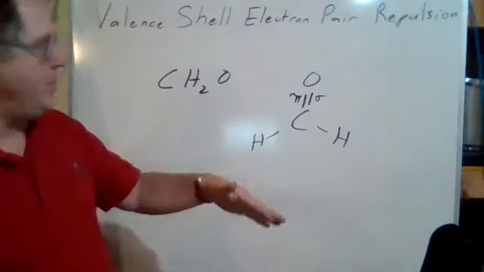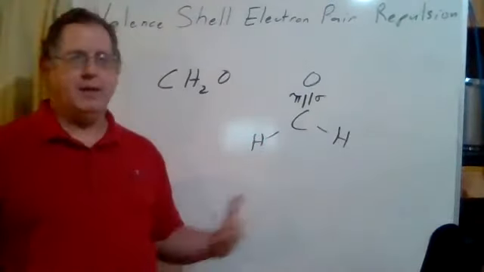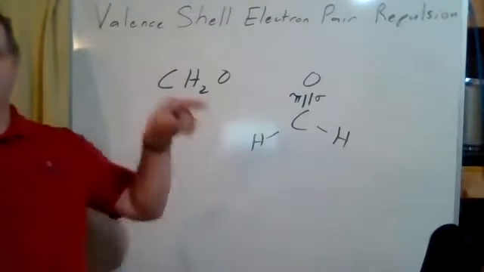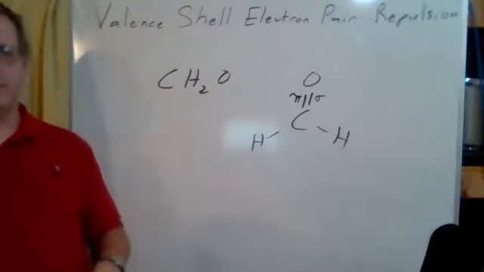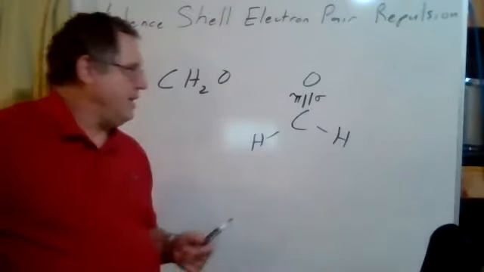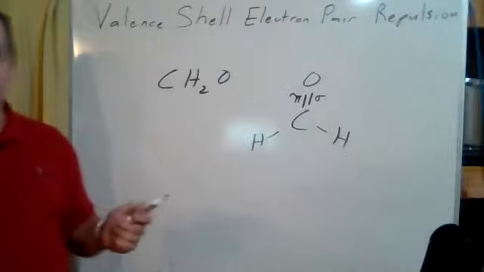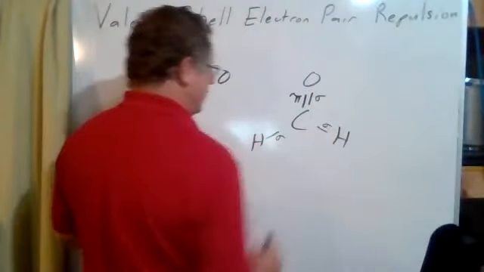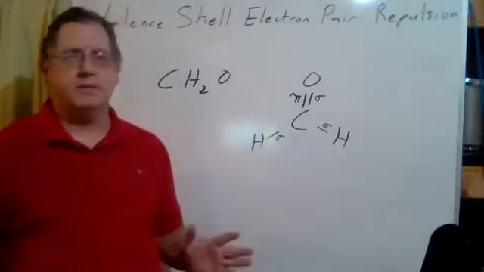Now, I'm not saying the right bond is a sigma and the left bond is a pi, because remember, the sigma bond is directly between the two atoms, and the pi bond is that double overlap that goes around. But I am saying that we only need to worry about the sigma bonds here, okay? So all of these are sigma bonds, 3 sigma bonds.